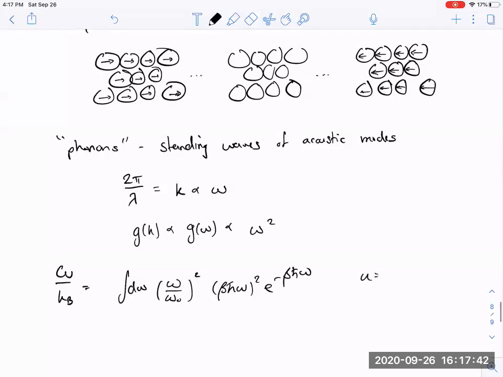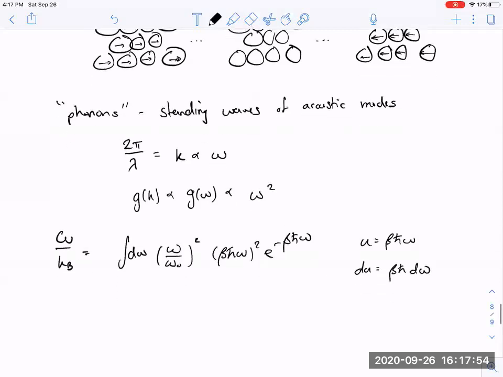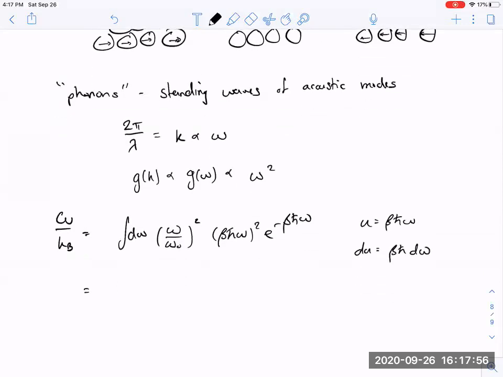If we do a u substitution, say that u is equal to beta h bar omega, or that du is beta h bar d omega, we can rewrite this as being proportional to beta squared, an integral over u, beta h bar to the minus 1, beta to the minus 1, u to the 4 and e to the minus u.